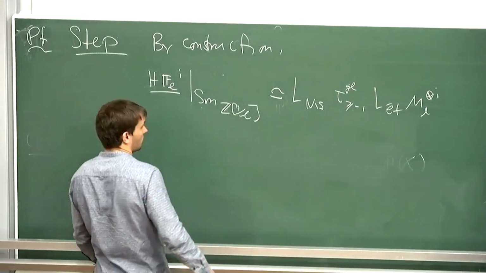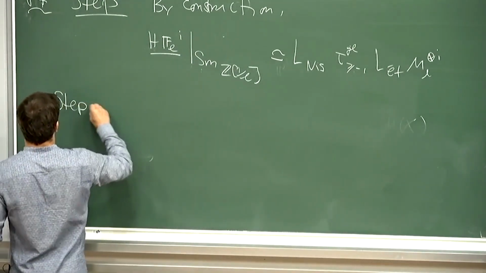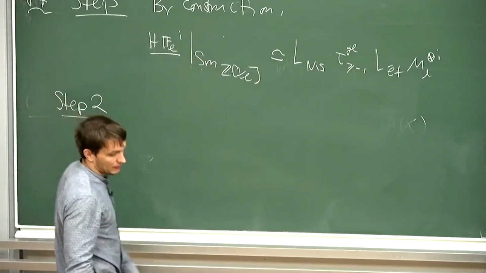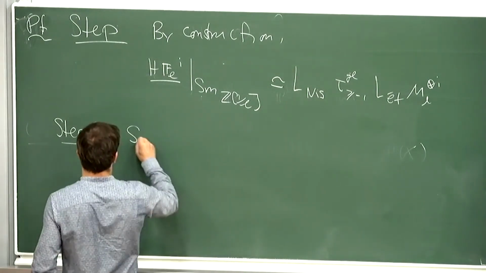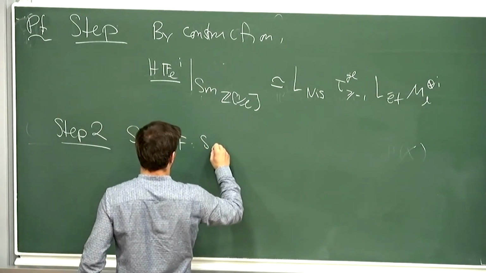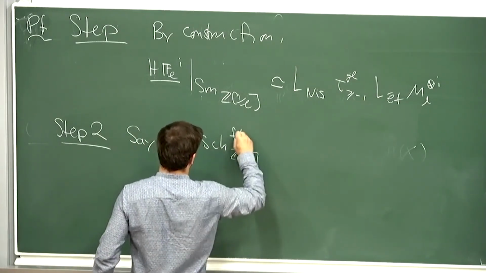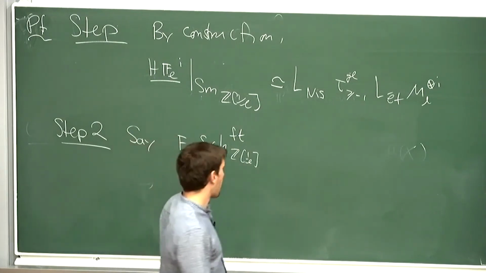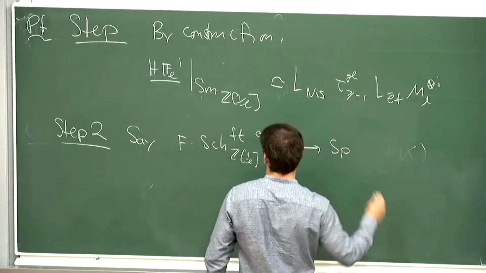So step 2 is the following. Suppose I have some presheaf of spectra, on schemes over Z[1/L], let's say finite type, to be safe, going to spectra.